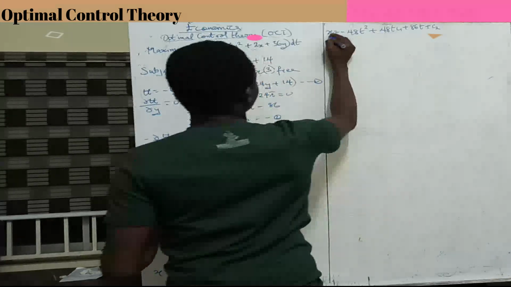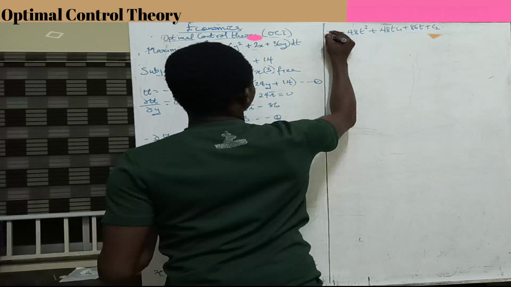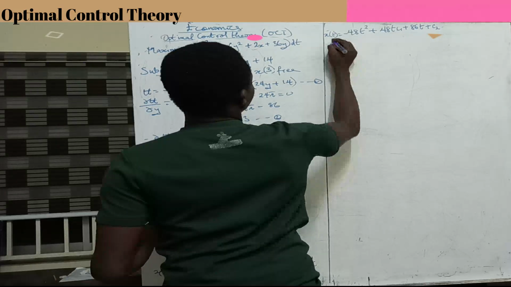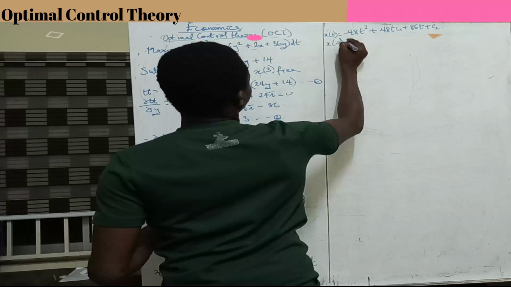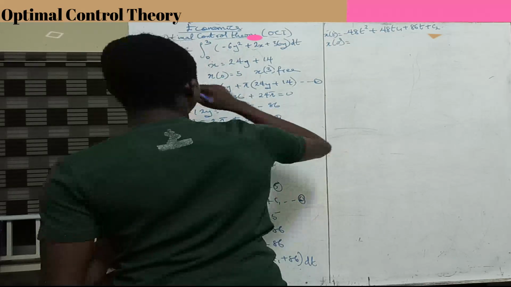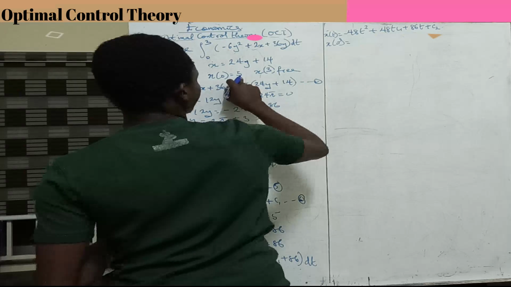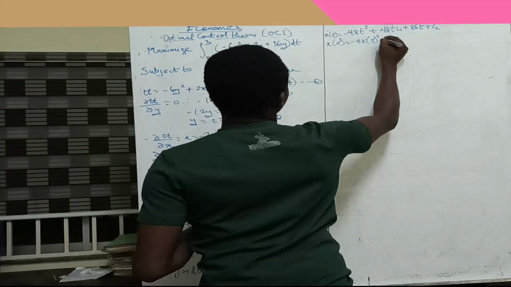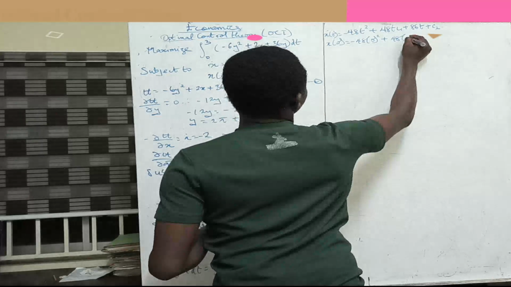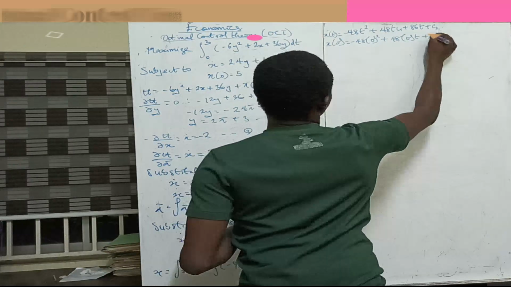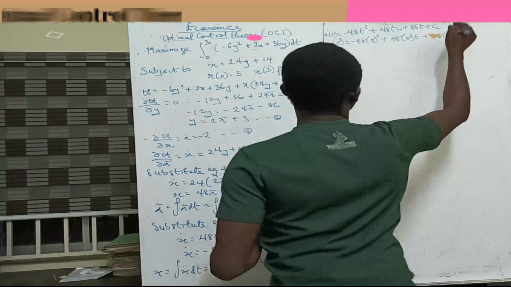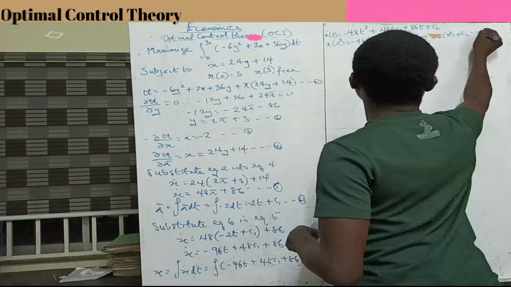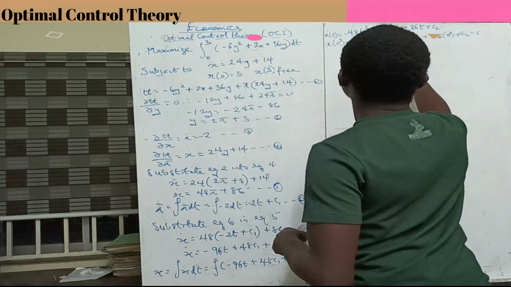Now when t is 0, x0 equals 5. So we have minus 48 into bracket 0 squared plus 48 into bracket 0 times c1 plus 86 into bracket 0 plus c2 is 5. So obviously c2 is 5.